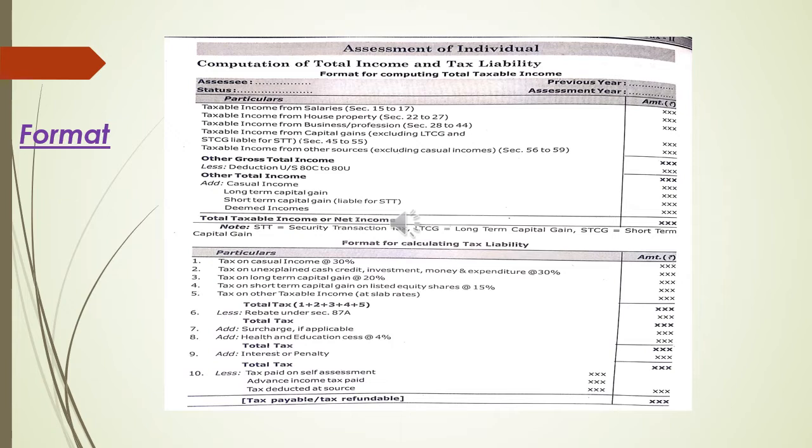Sometimes this tax payable or tax liability, what we normally call, can even be a negative value, which means that refund that you have to receive from the tax authority. It is not always the tax is payable by the assessee.